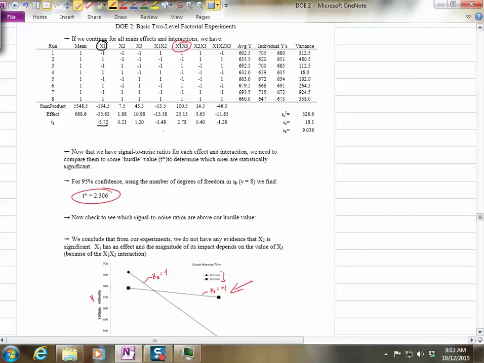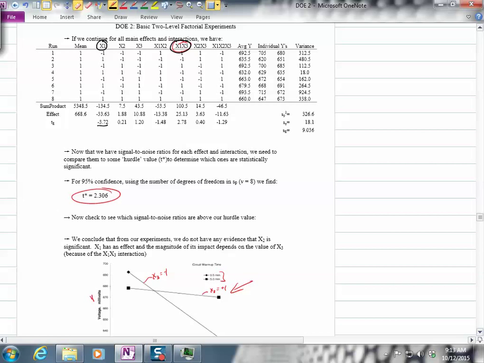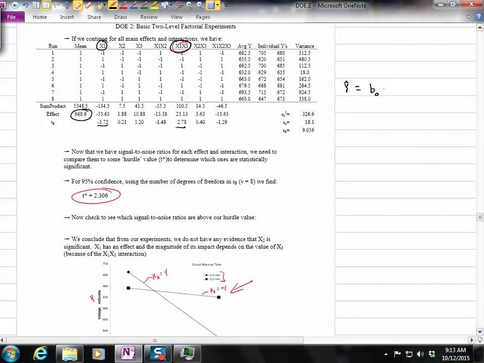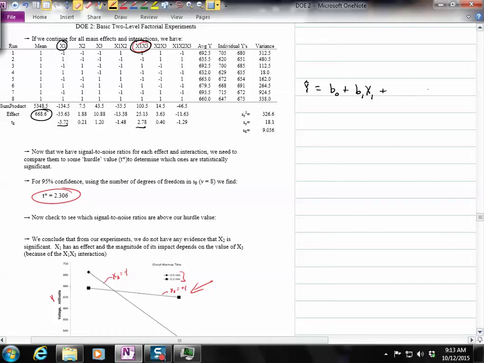And the X1, X3 interaction was significant. Those are the only two things. So our model is going to be the mean, which is this guy. So it's B0 plus B1 X1 plus B13 X1 X3.